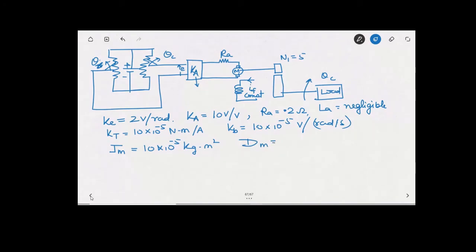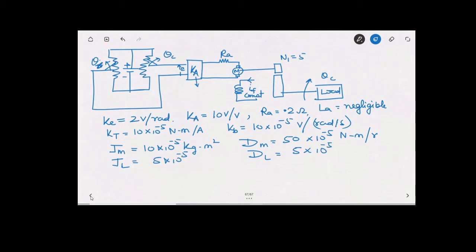Moment of inertia, these are not the load parameters, these are the motor parameters. Similarly, the load parameters are 5 into 10 raised power minus 5, and the equivalent viscous friction damping coefficient is 5 into 10 raised power minus 5.